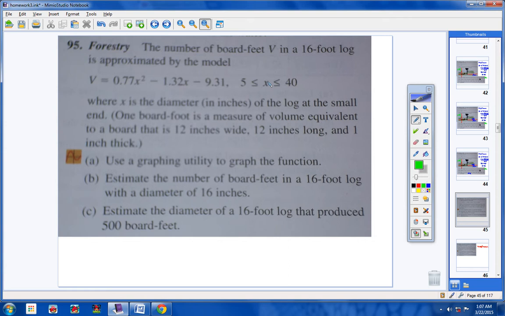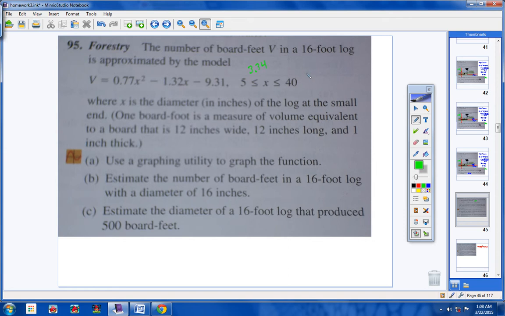Hold on one second, students. You know that 5 gives you out a Y value, or a volume, of 3.34 board feet. 40 gave you out, what was it? I think it was something like 1,169.